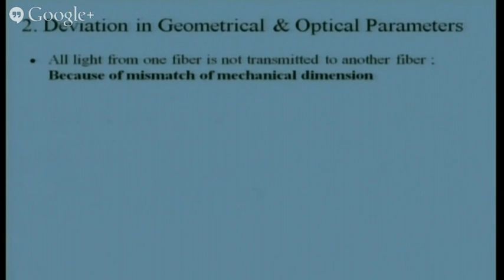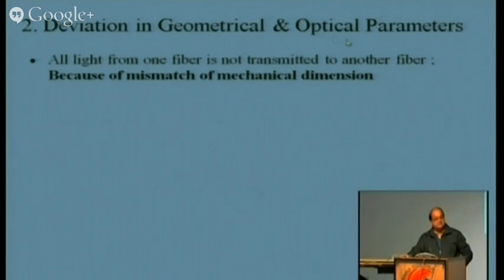Then another is the deviation in geometrical and optical parameters. All light from one fiber is not transmitted to another fiber because of the mismatch of mechanical dimensions. The mechanical dimensions of the fiber should match. When you are making a joint, the two fibers should be of similar specification.